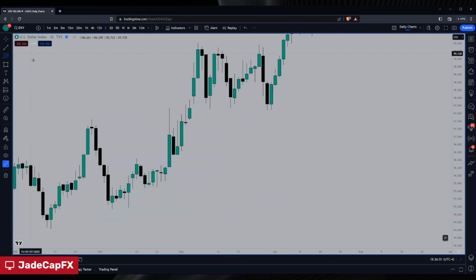Many times you're going to see really nice retracements inside of a smaller range. On the daily, we have this low to this high. We retrace back to the 61%, and then we took off higher.